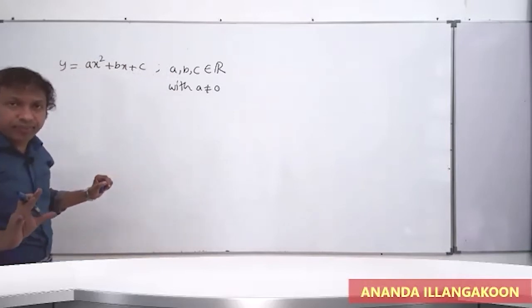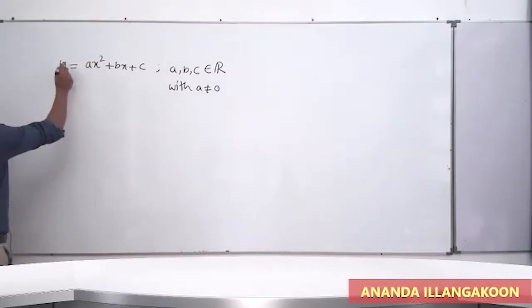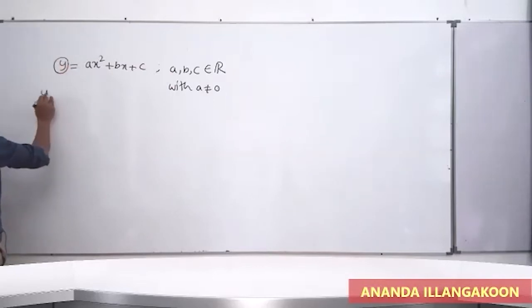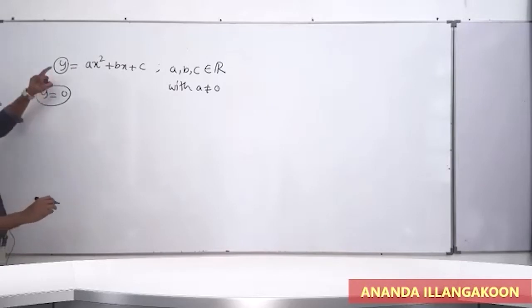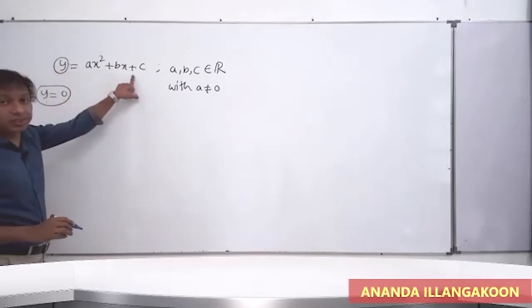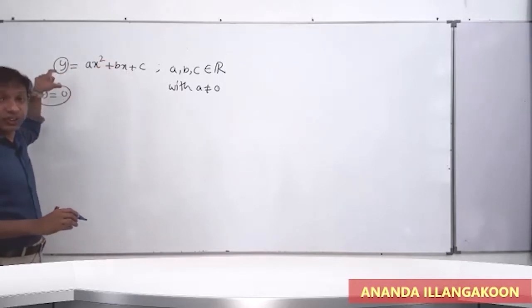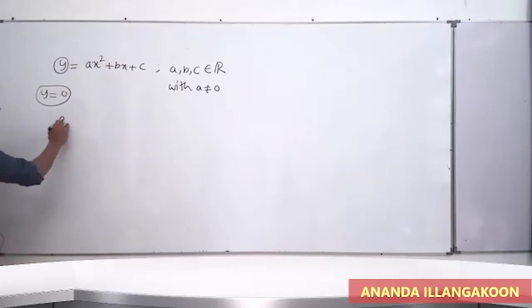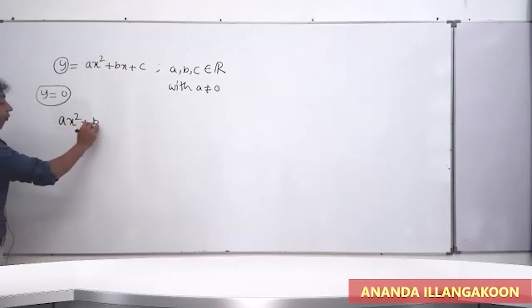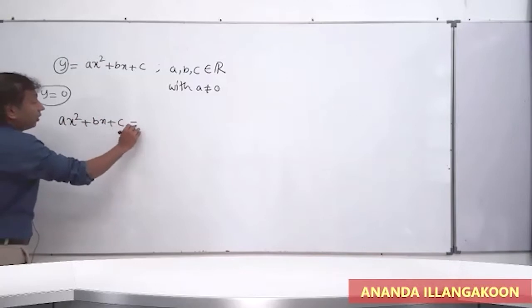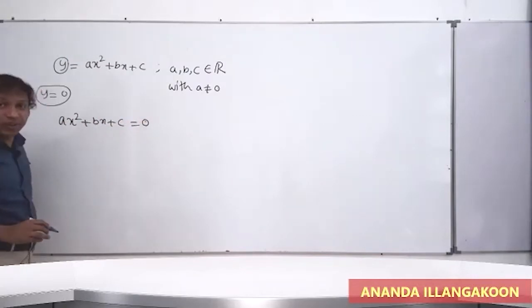Now, people, when I equate this y to 0, what do you get? 0 equals this. That means this equals 0: ax squared plus bx plus c equals 0.